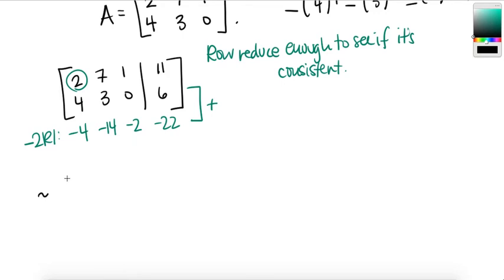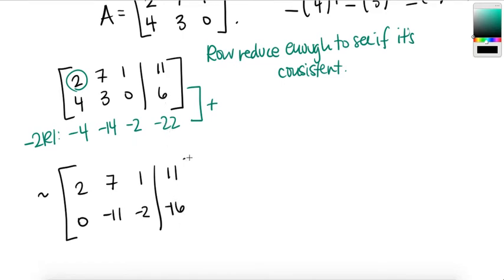It's going to give me my row 1, which stays the same, and then -4 and 4 is 0, -14 and 3 is -11, -2 and 0 is -2, -22 and 6 is what? -16.